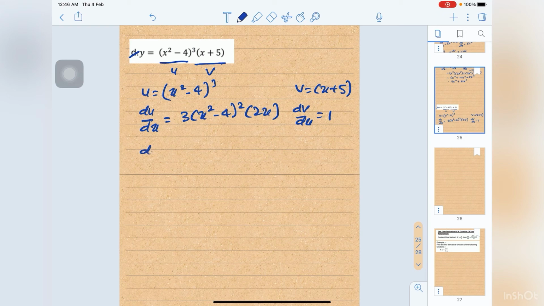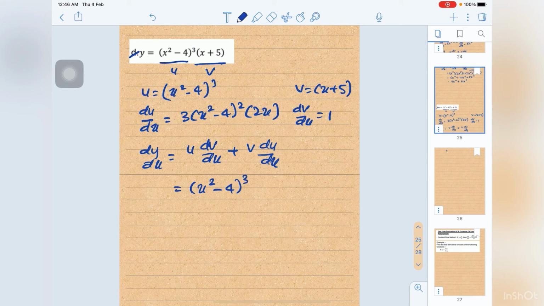Okay, so we have the formula dy/dx equals u dv/dx plus v du/dx. So we just substitute into the formula. So now it is (x squared minus 4) cubed times 1 plus 3 times (x squared minus 4) squared times 2x times (x plus 5).